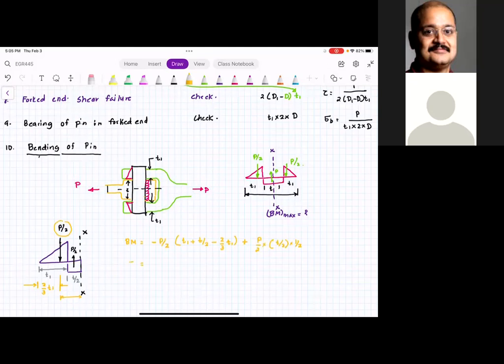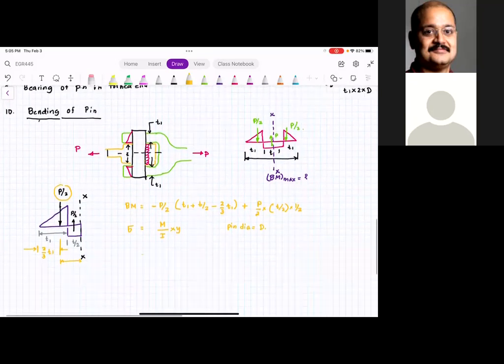Now, sigma is equal to M divided by I multiplied by y. Please note, we already know the pin diameter, so pin diameter is equal to capital D. What is the value of I? M comes from here. I is pi by 64 d to the power 4, y is d by 2, and this should be less than or equal to sigma t.